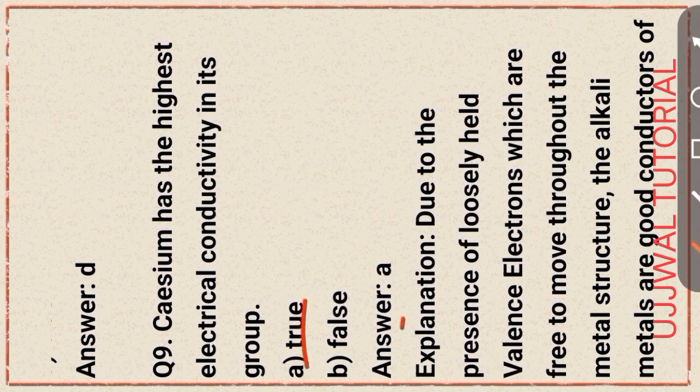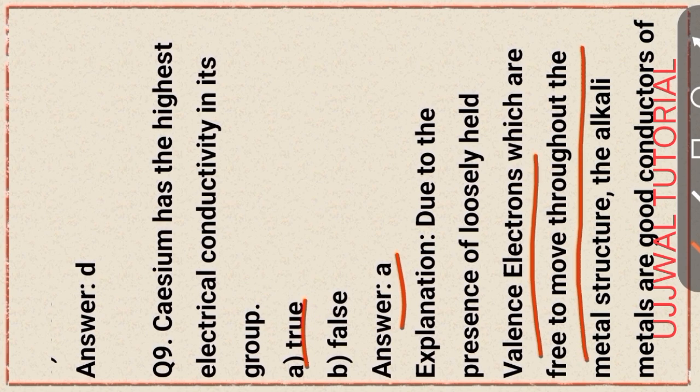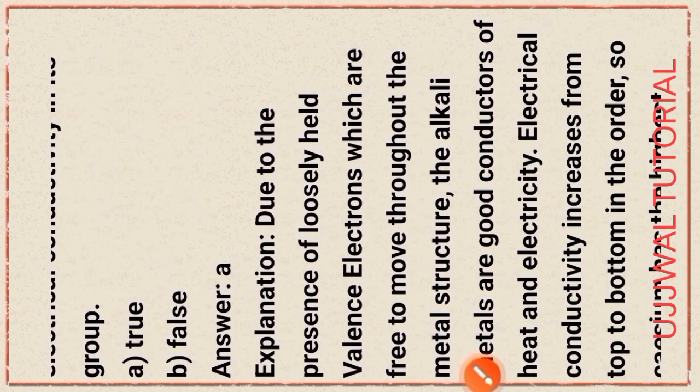This statement is true. Due to the presence of loosely held valence electrons, which are free to move throughout the metal structure, the alkali metals are good conductors of heat and electricity.